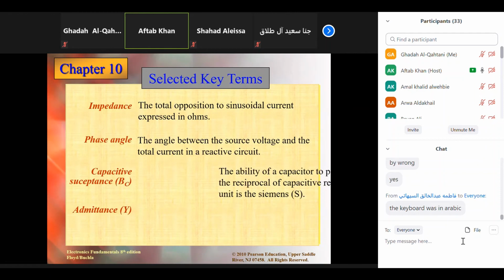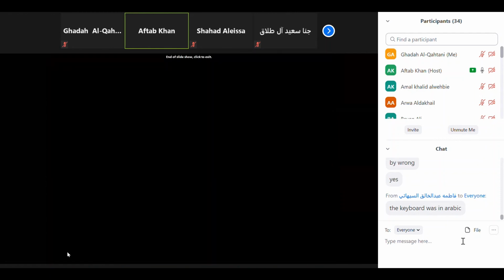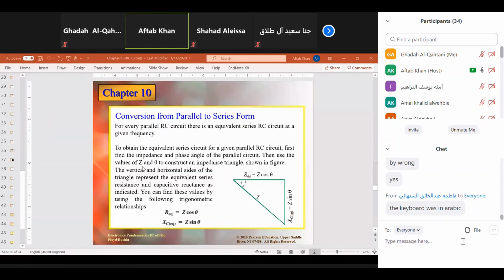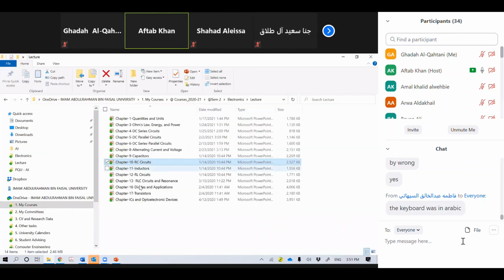All right. So here is advice to you. These two chapters, chapter number 9 and chapter number 10, you people should revise before we start chapter number 11 and 12.